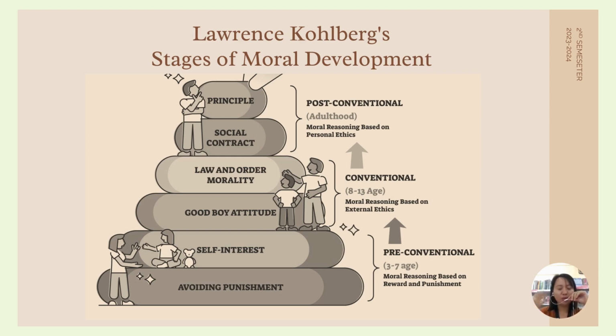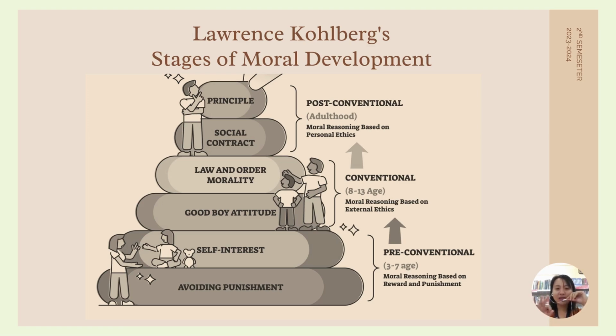So the individual will obey in order to avoid what? To avoid punishment. Okay? So in stage 2, it's all about self-interest or instrumental purpose orientation, like behavior is determined again by consequences, and the individual now focuses on receiving rewards or satisfying personal needs.